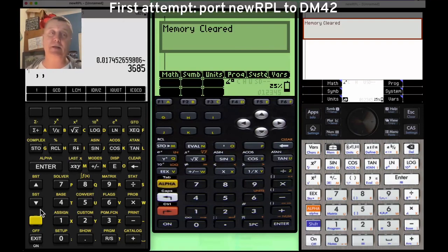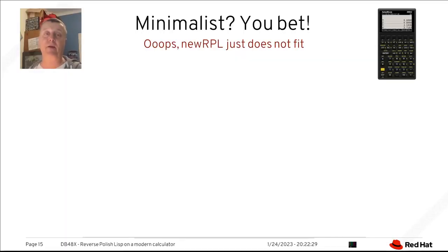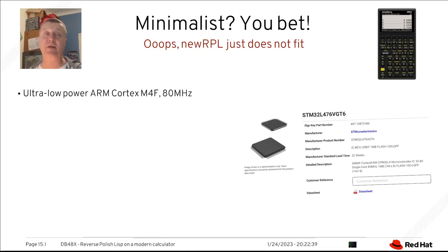And essentially, my work was to try to make the software more portable, support 1-bit graphics on the DM42, but really take advantage of that platform. And on simulator, it worked pretty well. The problem is, as I said, this machine is really minimalist, and it turns out that GNU RPL, as soon as I started trying to run it on the physical hardware, it just did not fit.